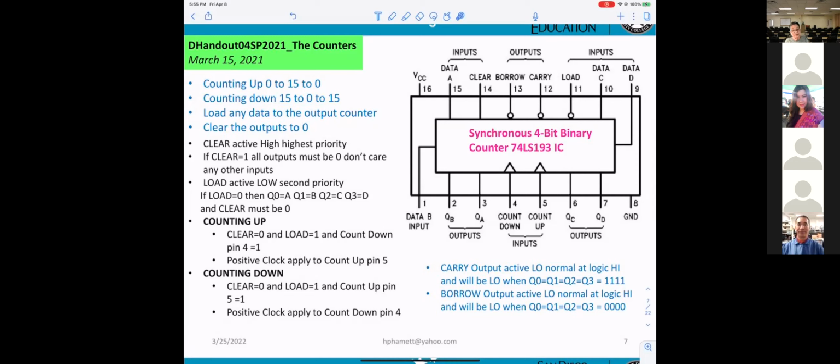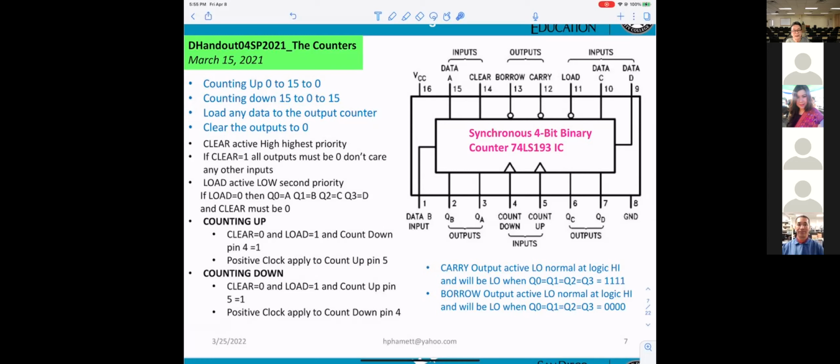Why do they sometimes need the load function? They're telling you that you can load input data to the output of the counter. They try to get away from having to start all the time from 0 to 50.